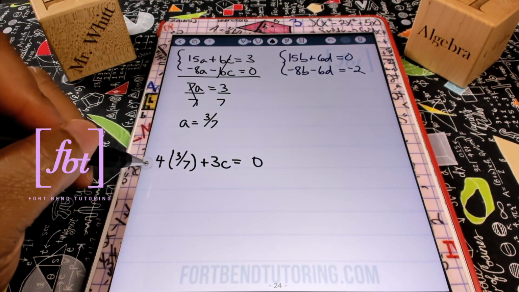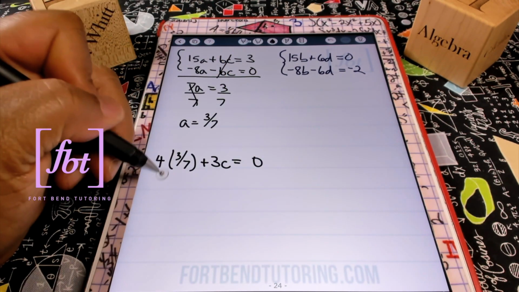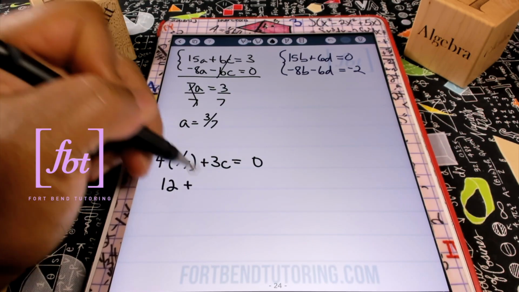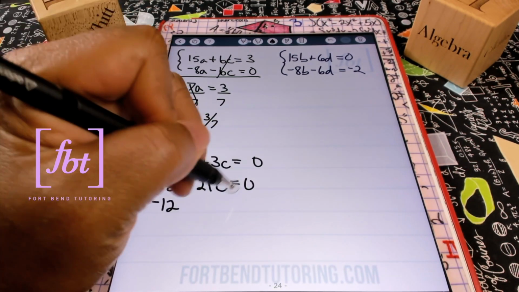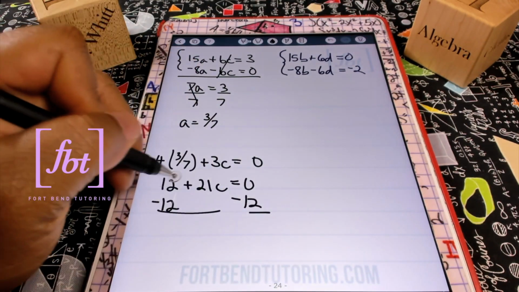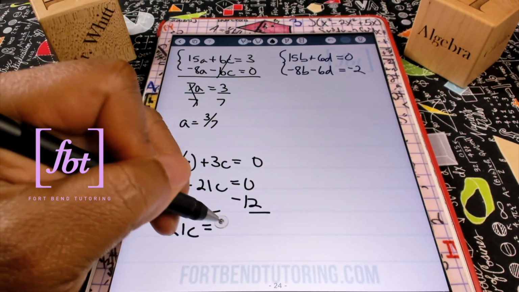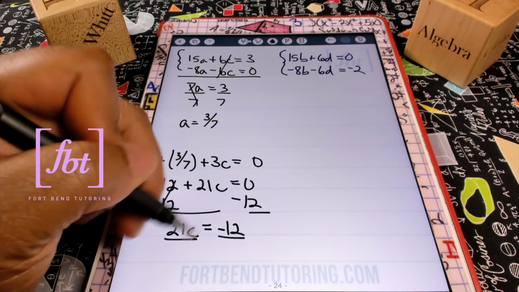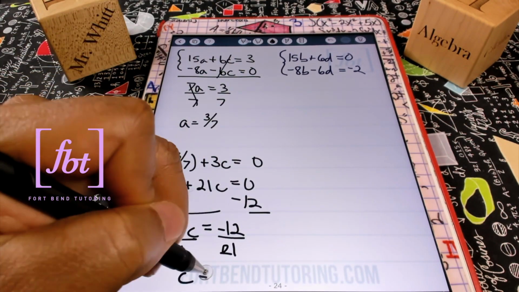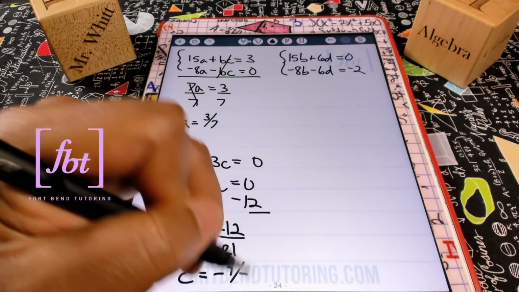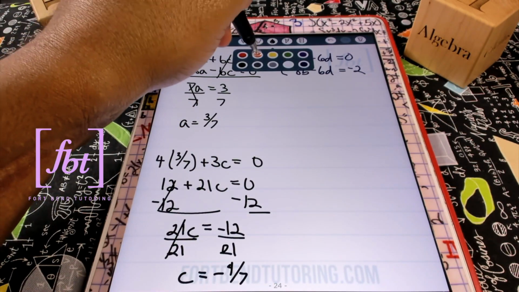If I multiply each term by 7, you'll have 12 plus 21C equals 0. Subtracting 12 from both sides, you'll have 21C equals -12. Dividing both sides by 21, you can simplify this C value to -4/7.